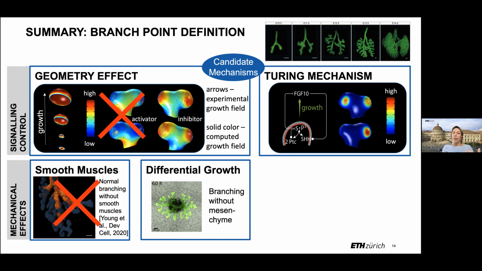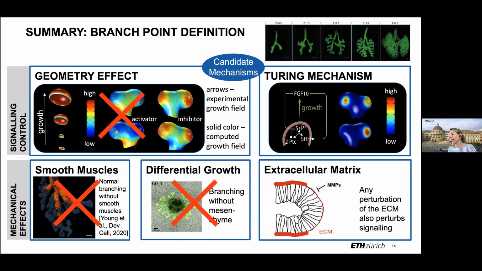However, this matrix that you have around it, the extracellular matrix, obviously you could have differential growth between the epithelium and the extracellular matrix. And this is something we cannot distinguish easily, because the extracellular matrix and the signaling mechanisms are really linked.